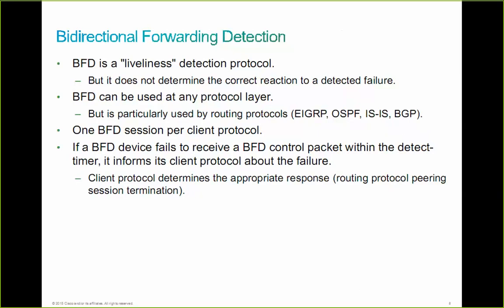In frame relay, the physical layer, the data link layer, and the network layer are kind of separate from each other. It's possible for a PVC in the cloud to fail, or some routing issue in the cloud, without having a physical layer failure or a data link layer failure on the local side of the router.